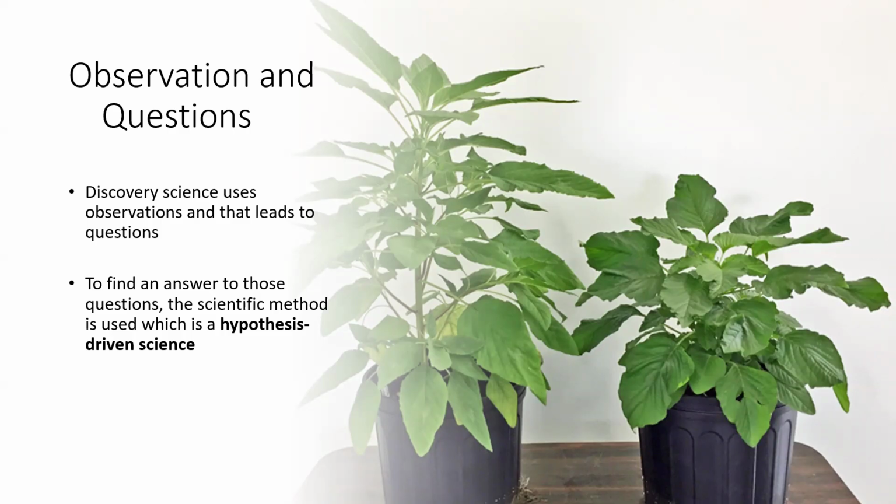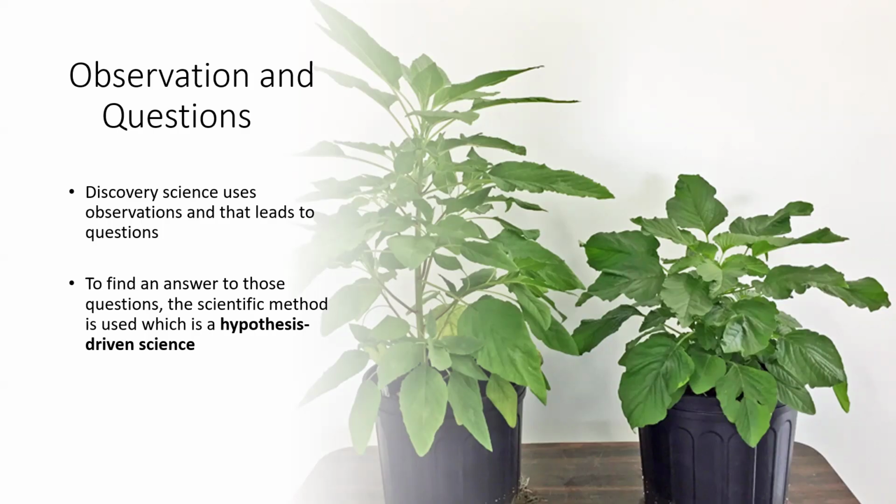Suppose you have some plants in your home, and you notice some of them grow taller than others. That's an observation: some plants seem to be doing much better than other plants. A logical question to ask would be, why are some plants taller than others?